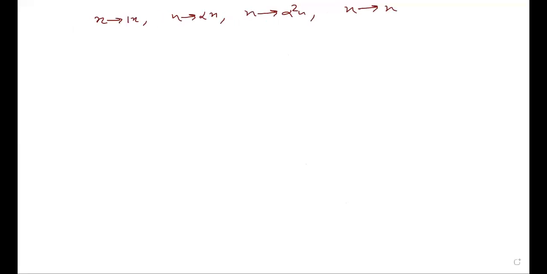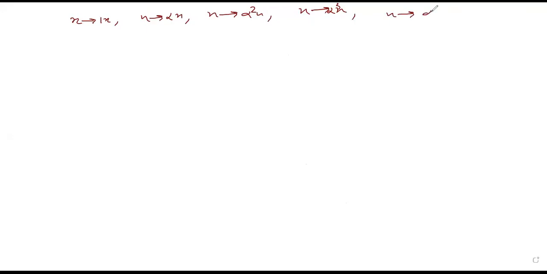Sir. Okay. So just replace x by 1x, x by alpha x, x by alpha square x, x by alpha cube x, and x by alpha raised to the power 4 x. This is called the sum. Forget about this term.